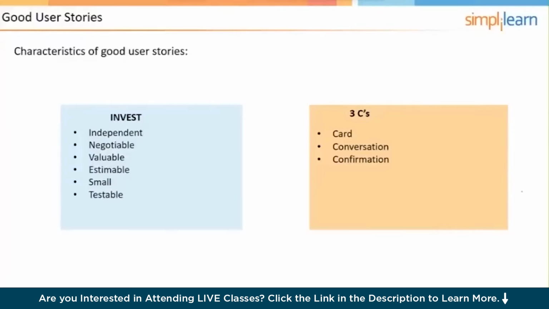So the first C, team, is card. So user stories should be able to be written on a 4 by 6 inch index card or some media similar to that. Card. The second C is conversation.